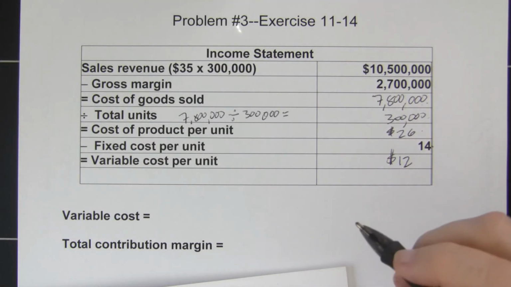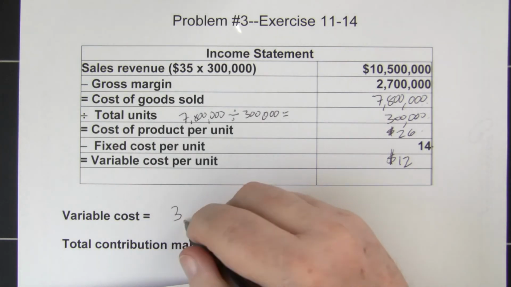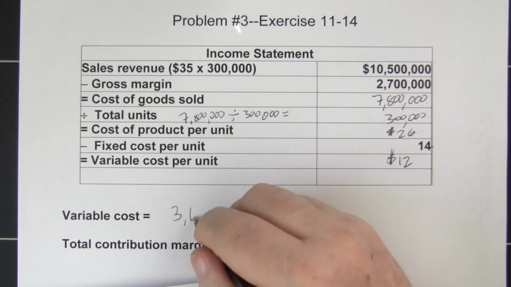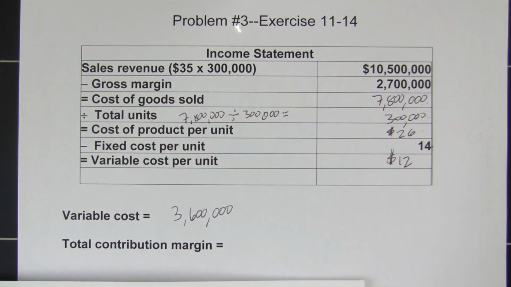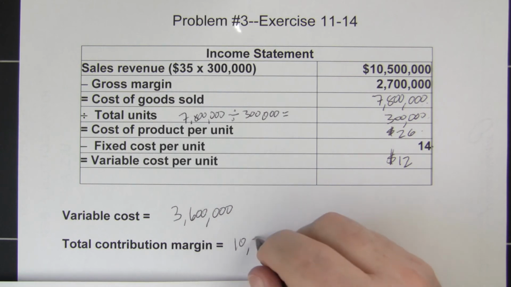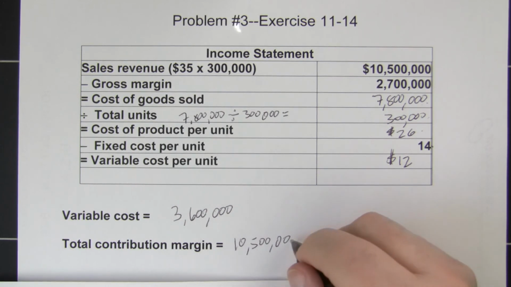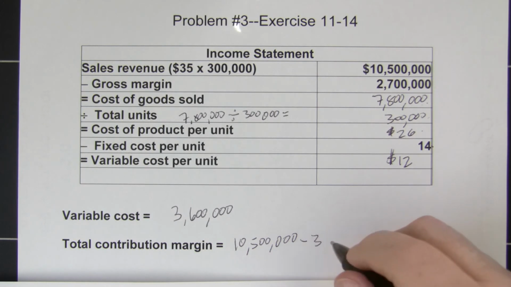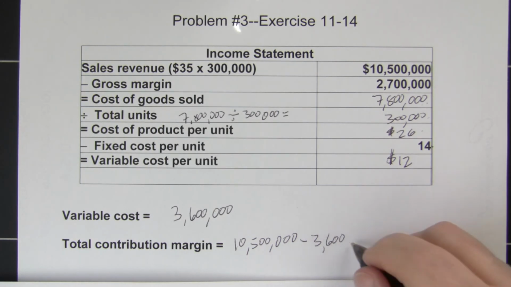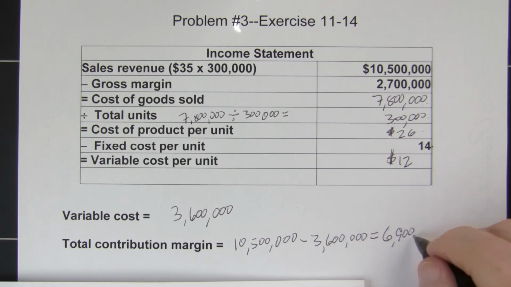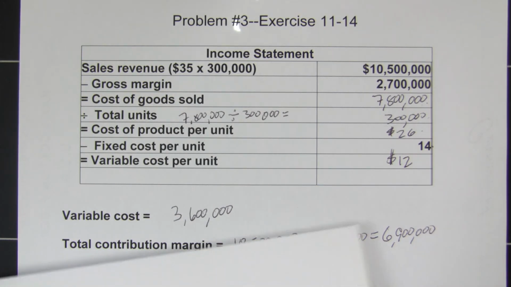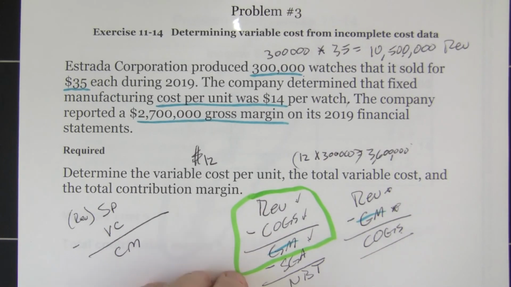So the total variable cost is $3,600,000. And the total contribution margin is the sales, $10,500,000, minus the variable cost, $3,600,000. So our contribution margin is $6,900,000.